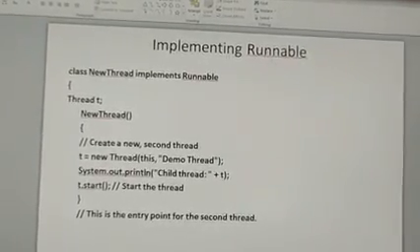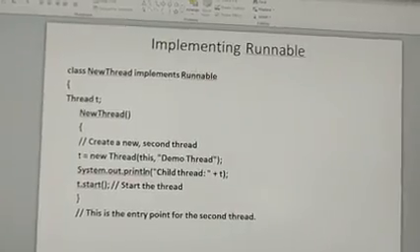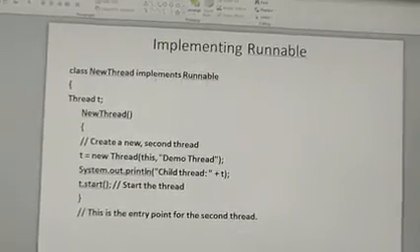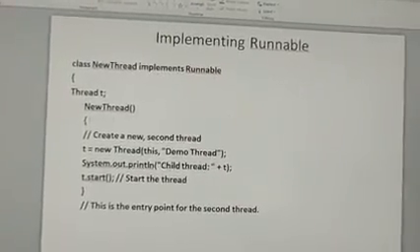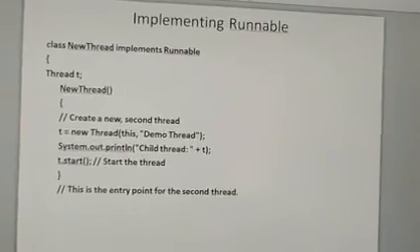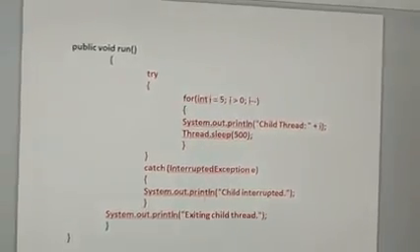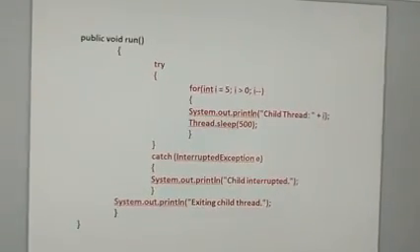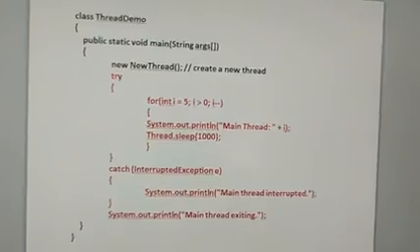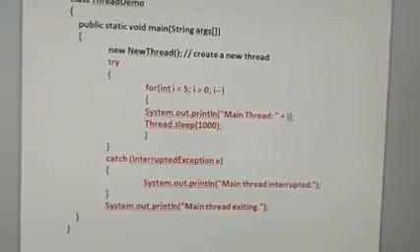Since Runnable is an interface, we write class NewThread implements Runnable. Then we are creating the thread, a constructor is present and all those things. Here some red color things are given. Think of these as all similar code. I am not going into the depth of these programs.